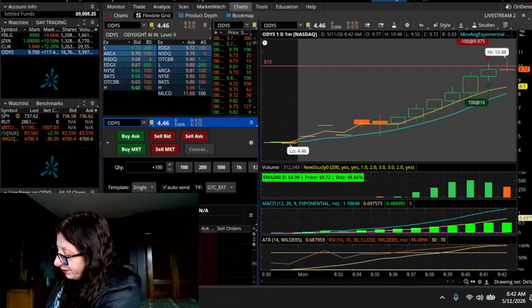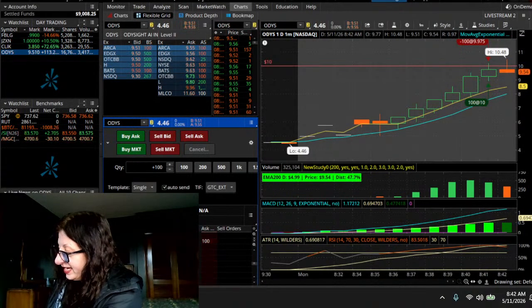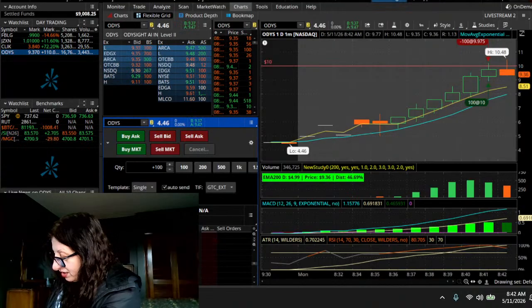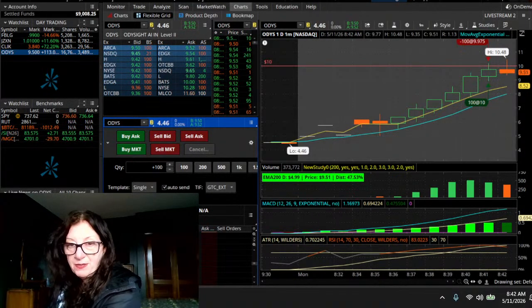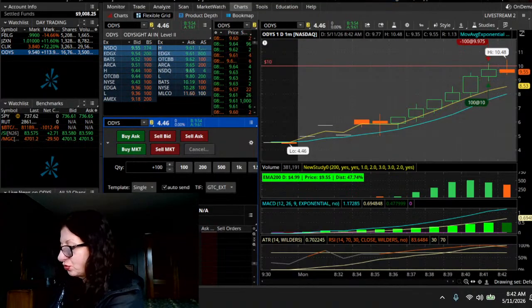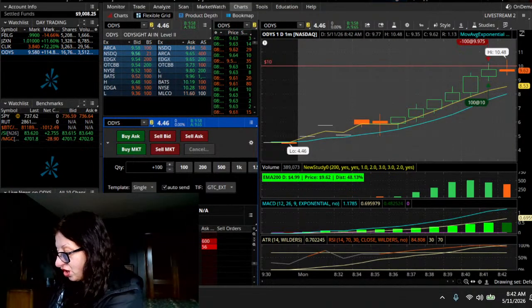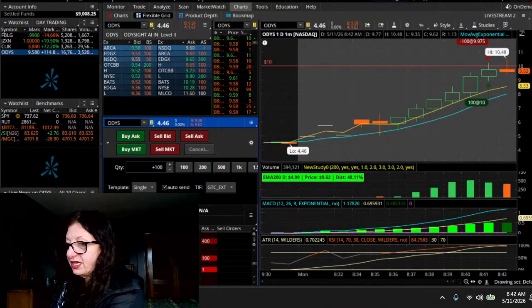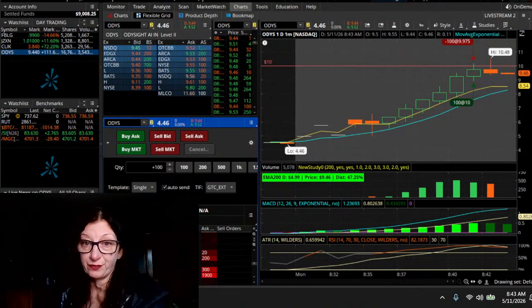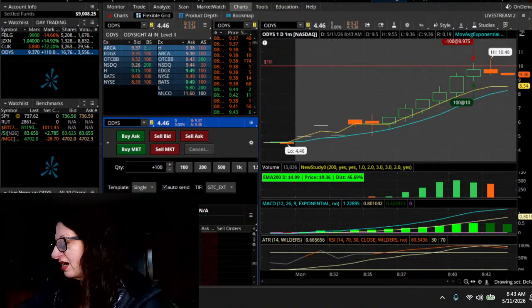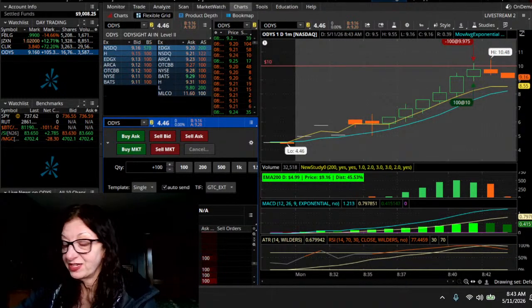So that was a micro pullback. I saw price hesitation. I thought, okay, I should get out at my stop, but then it hit my stop. So I sold when it hit my stop, and it got out because of such a quick movement. It actually got out above the stop. So thank goodness. It's not a stop violation.